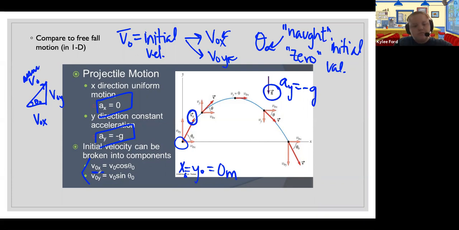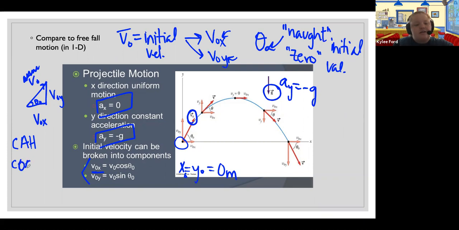So our v naught x, if we want to know that, and we know our v naught, and I'll go over this in some examples, so if this is confusing you, totally understand. This is very abstract right now. I want to know my v naught x, so I will take my trig identity. This is going to be my adjacent, and I know my hypotenuse, so I'm going to use cosine.